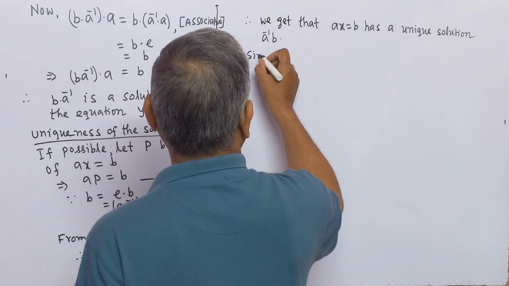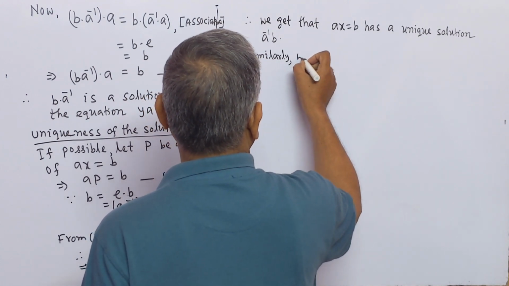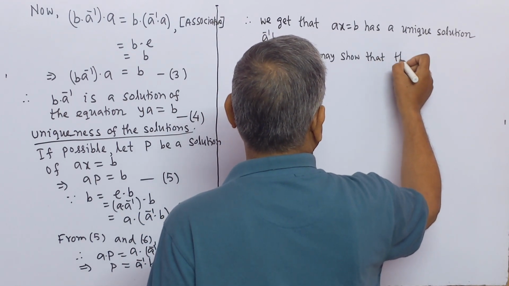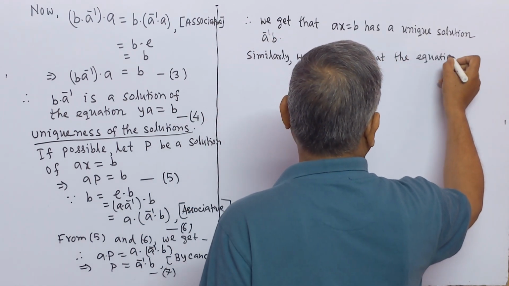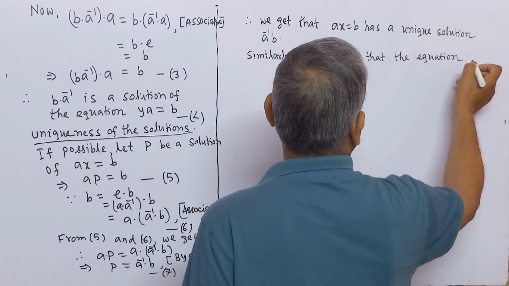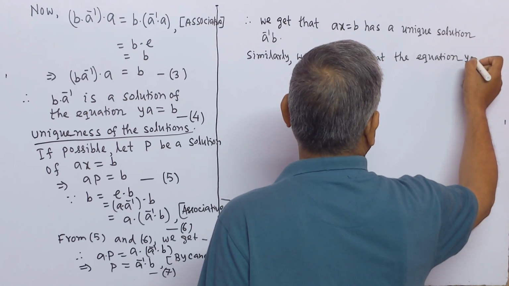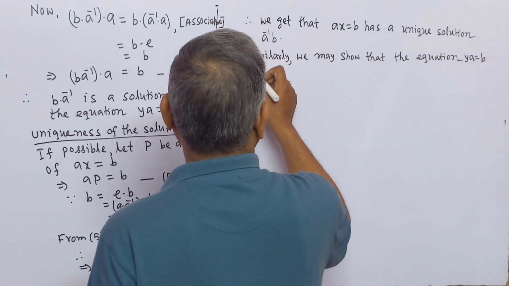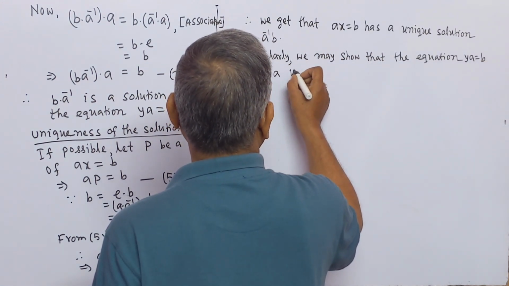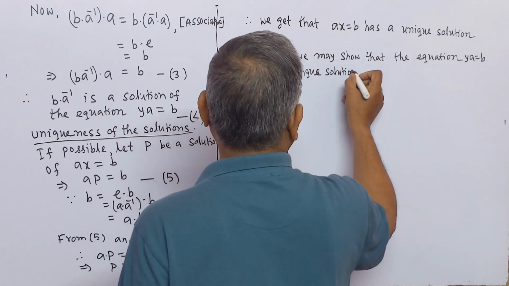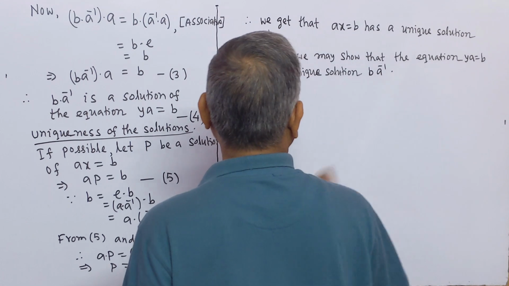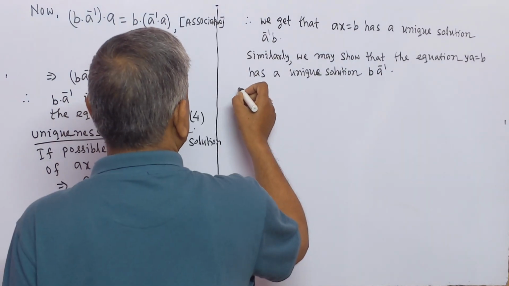Similarly, we may show that the equation y a equal to b has a unique solution, b a inverse.